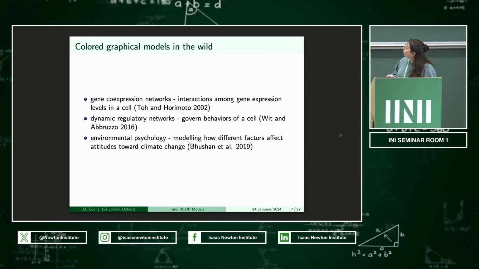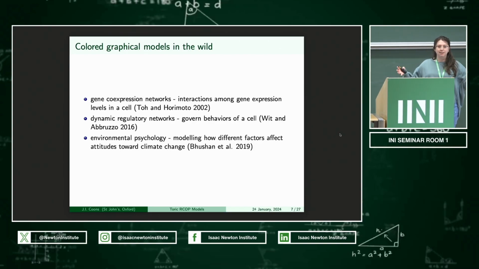So where do these show up? These colored graphical models are pretty widely applicable, especially in the biological sciences. They've become pretty popular. They're used for gene co-expression networks to model interactions of genes within a cell. They're especially helpful when you have a big network because they reduce the dimension significantly.